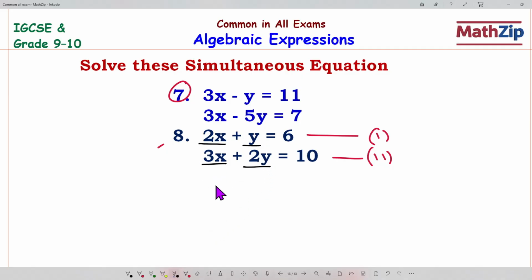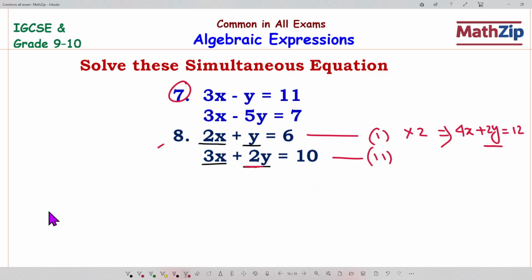If we want to eliminate a variable, we have to multiply to make them similar. If we multiply equation 1 by 2, it becomes 4x plus 2y equals 12. Right? So there is a plus 2y in both, and once we subtract, we will get only x.